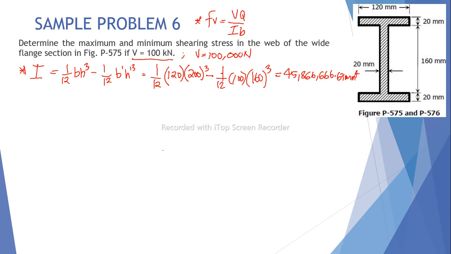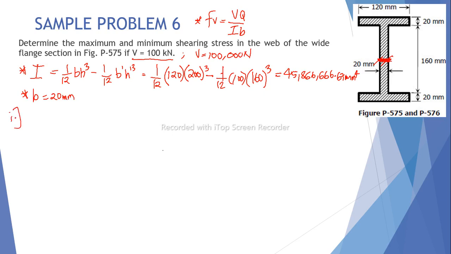Next is the base. Since the maximum shearing stress is at the middle, the base at the middle for the maximum stress is equal to 20 millimeters, because that is where the maximum shearing stress acts.